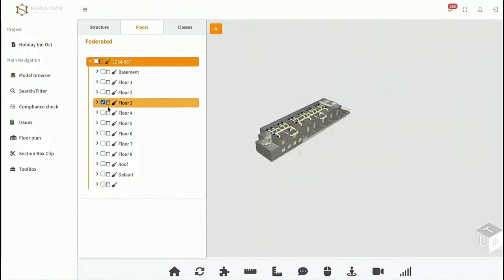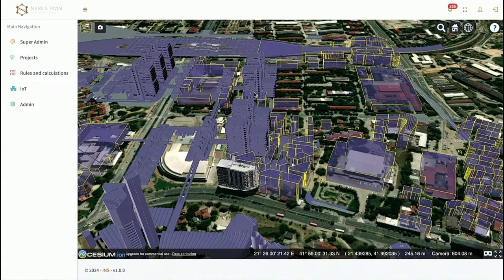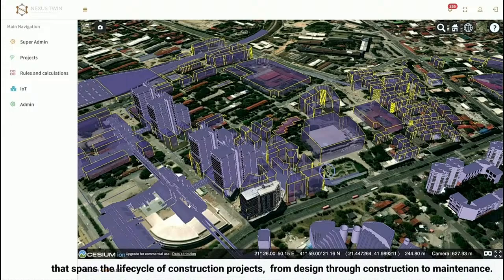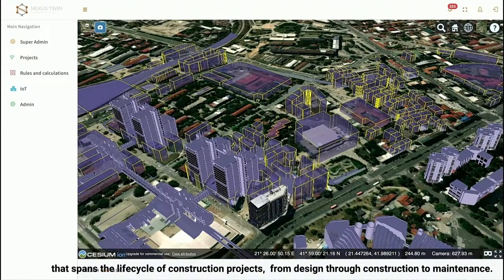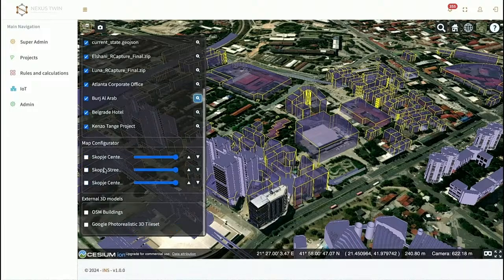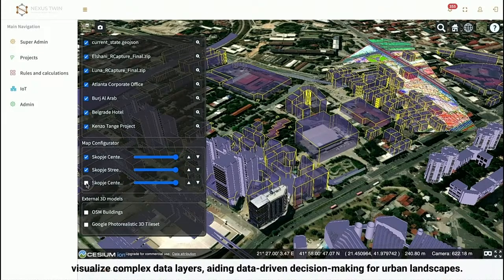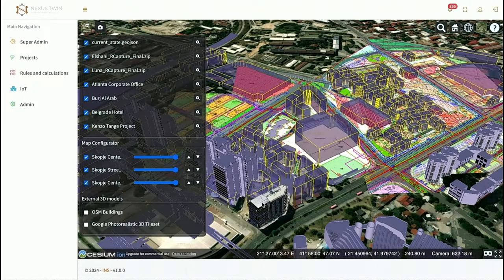This platform melds the detailed mapping capabilities of geodata with the structural insights from OpenBIM models, crafting an interoperable and interactive digital twin that spans the lifecycle of construction projects, from design through construction to maintenance. With Nexus Twin, users can visualize complex data layers, facilitating data-proven decision-making for urban landscapes.